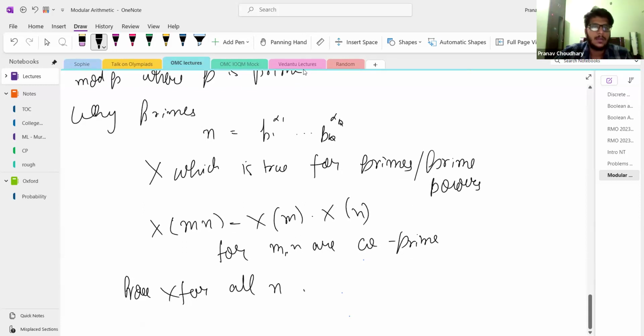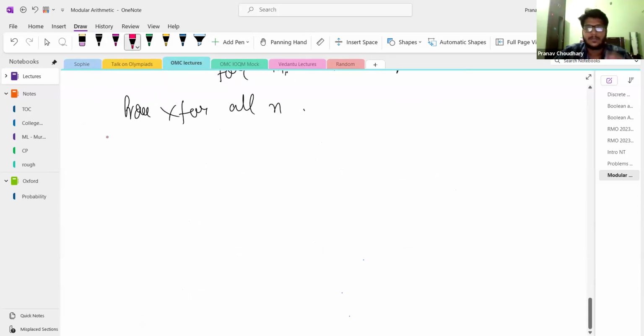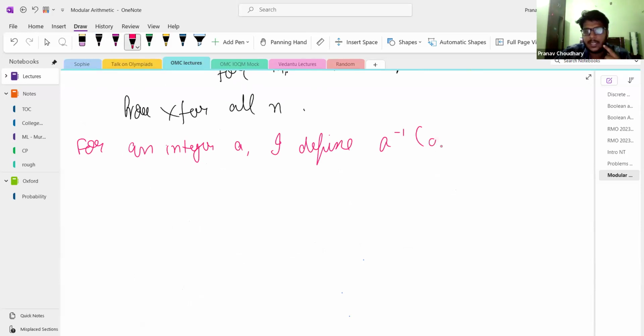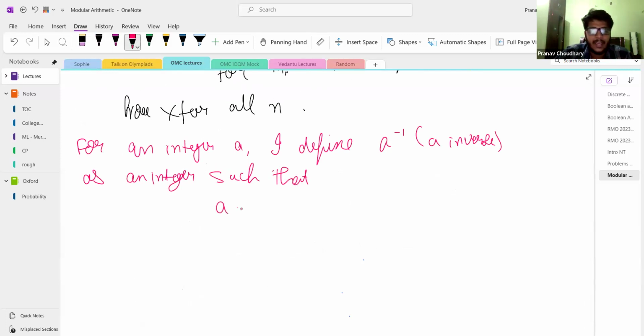Okay, so let's now define an inverse. For an integer a, I define a inverse, also written a to the power minus 1, as an integer b such that a times a inverse is congruent to 1 mod p.